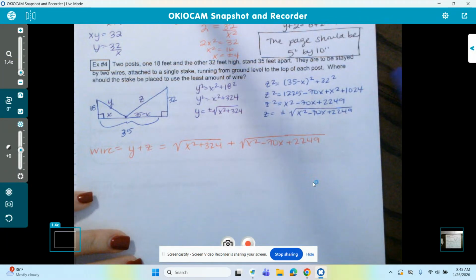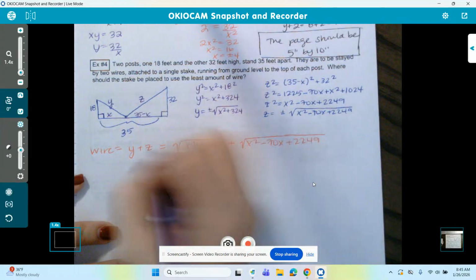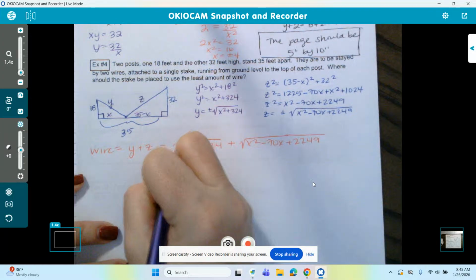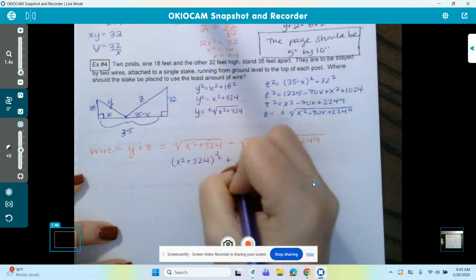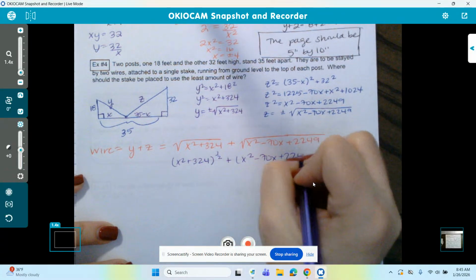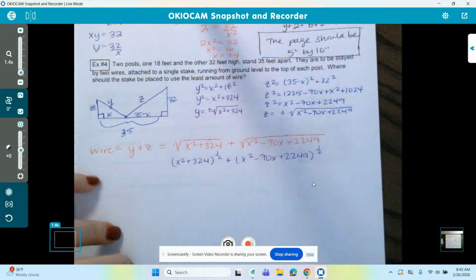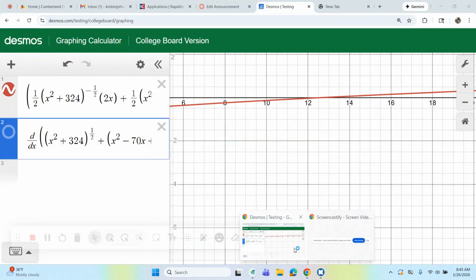If I just rewrote this, it would be x squared plus 324 to the 1/2 plus x squared minus 70x plus 2249 to the 1/2. So that's if I got rid of those radicals. And you're going to see that's going to be the bottom equation there.